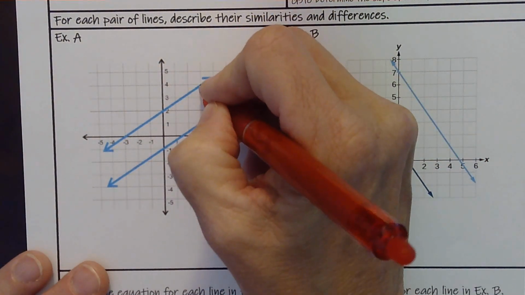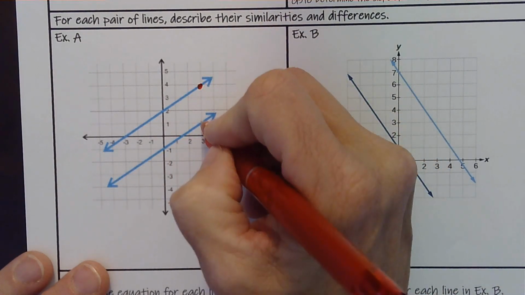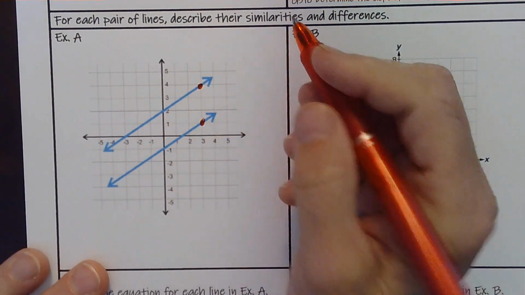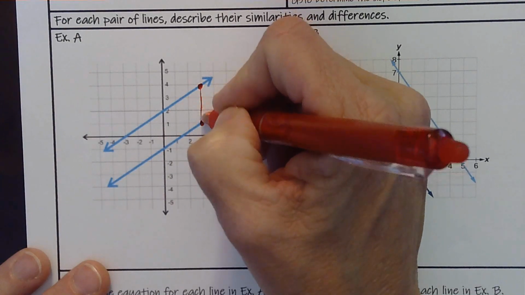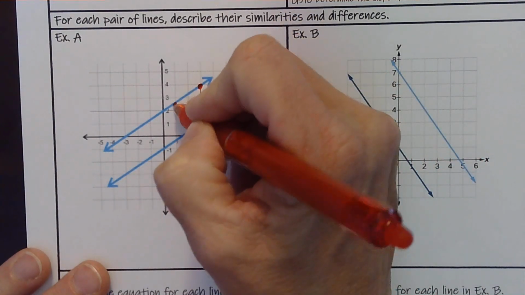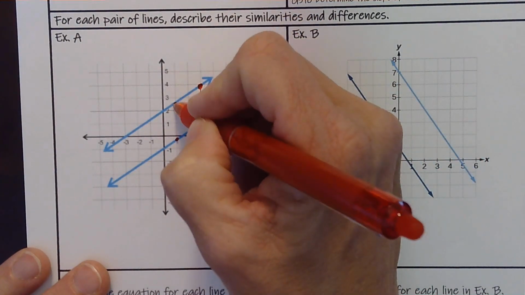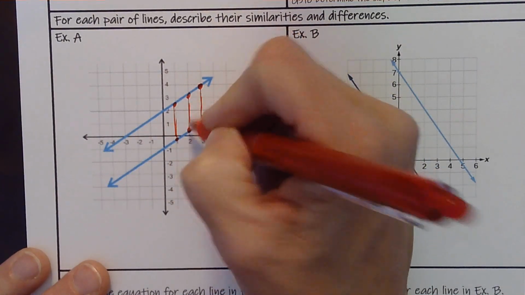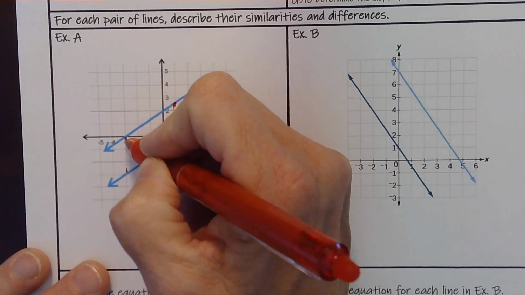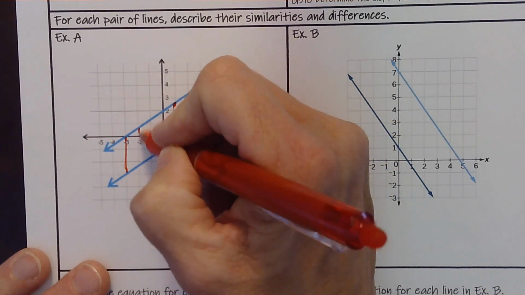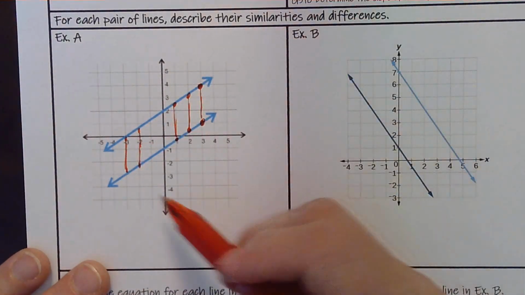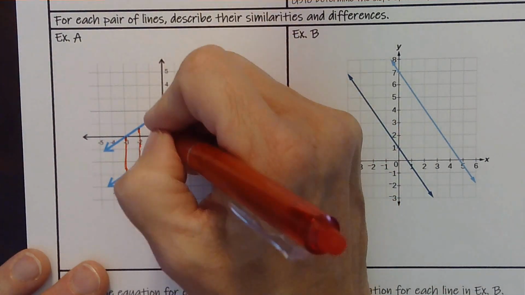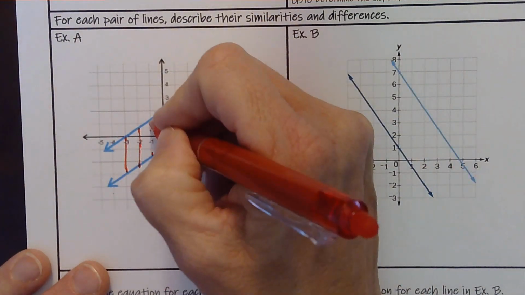the vertical distance between each line. So if you take a look at this and you look at the vertical distance, the vertical distance between these two lines remains the same.